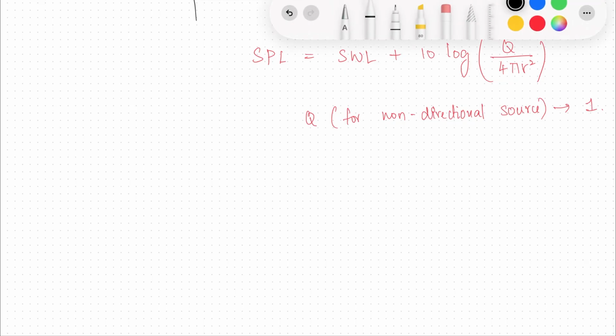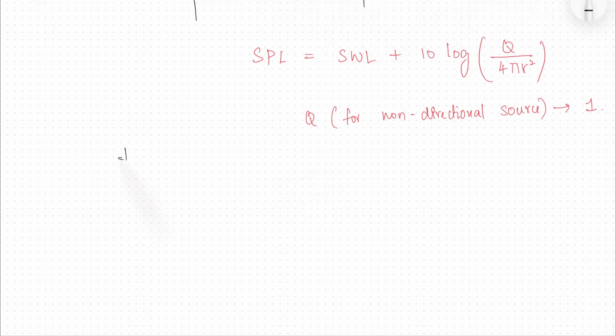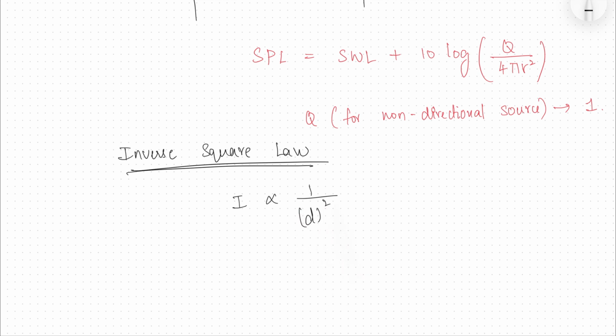Then you have something called the inverse square law. Inverse square law basically says intensity is inversely proportional to the square of the distance from the sound source.